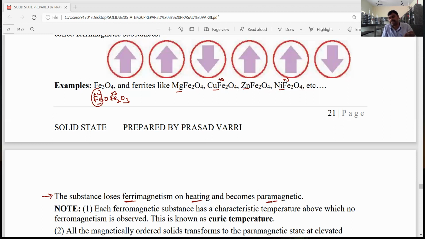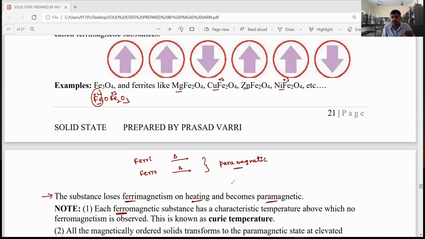So ferrimagnetic substances are converted into paramagnetic substances upon heating. In the same way, either ferri or ferromagnetic substances, you just have to heat them, then they are converted into paramagnetic substances.